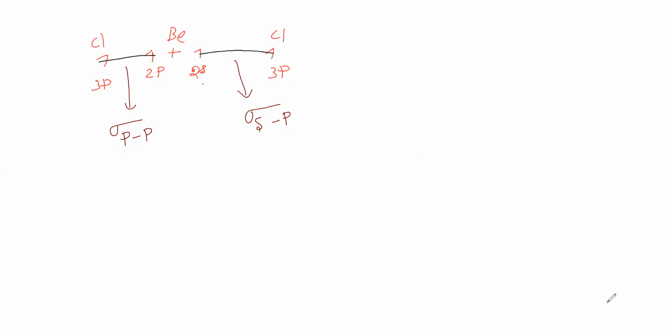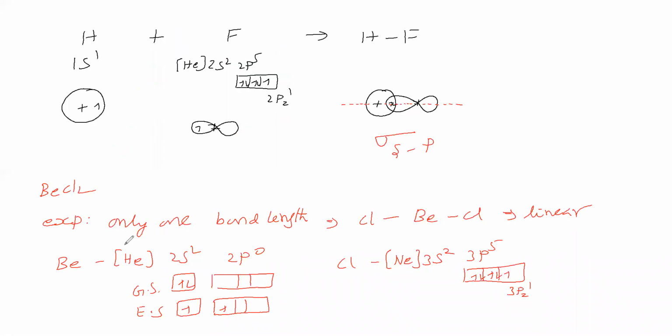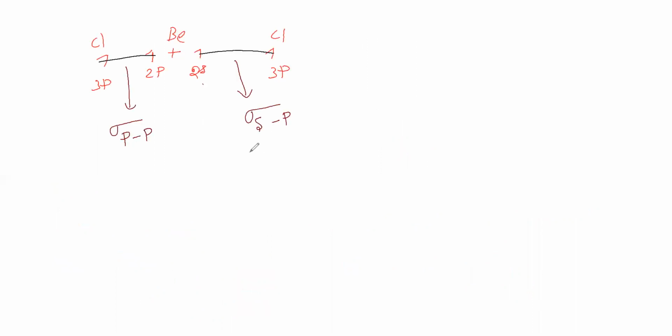But what does the experimental result say? Experimental result says that beryllium chloride has only one bond length. That means both bonds have the same bond length, and so the same nature. But the pure orbital overlapping concept says the bonds have different nature.